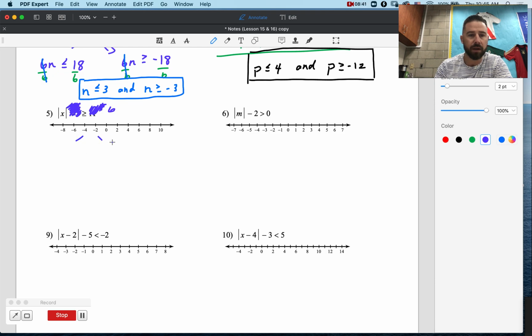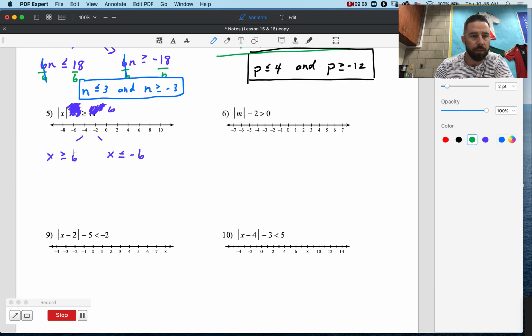Now we can split them up because the absolute value is by itself. It looks like we have x, this sign, and 6. And then we have x, flip the sign, and we're going to make this negative 6.